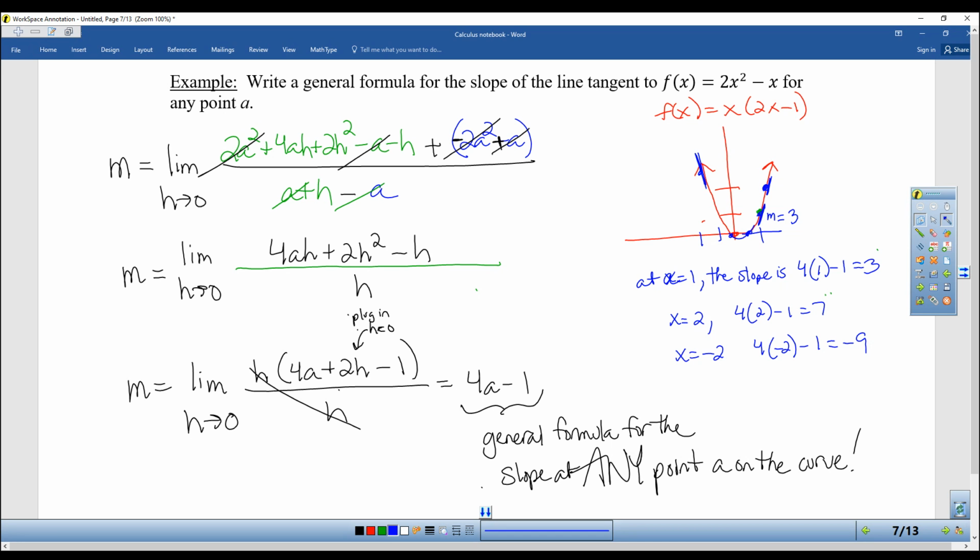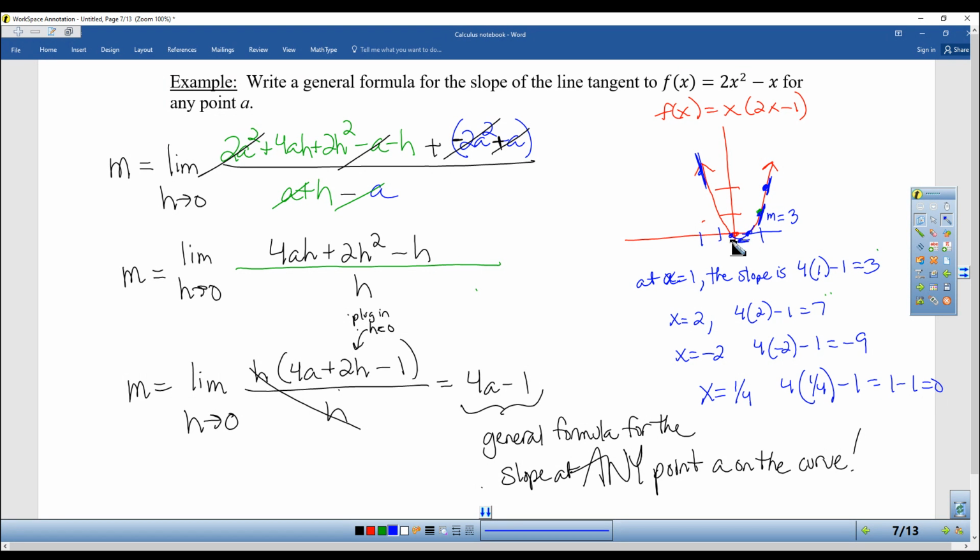It is super steep. And where would you expect the slope to be 0? Right at the vertex, which, since we crossed at 0 and 1/2, the vertex should be at 1/4. And sure enough, 4 times 1/4 minus 1 is 1 minus 1, which is equal to 0.